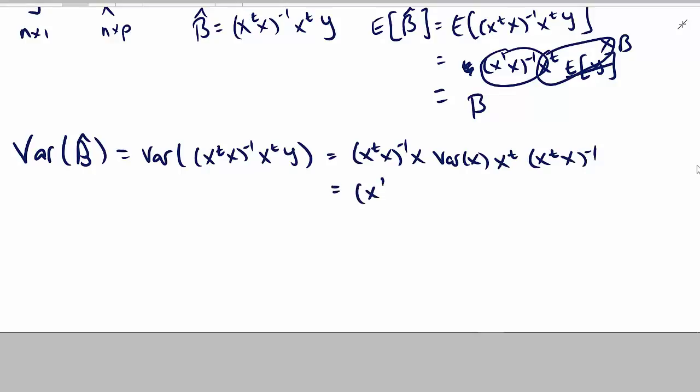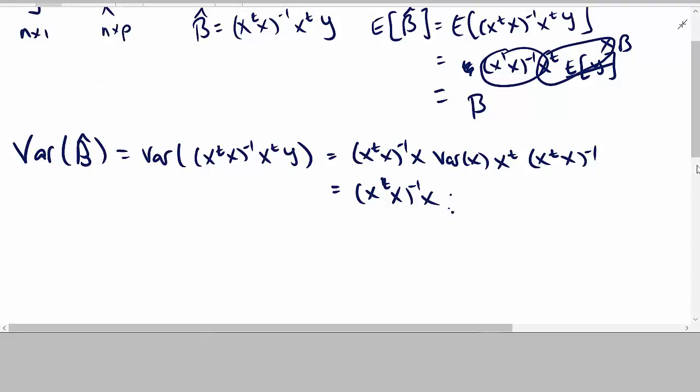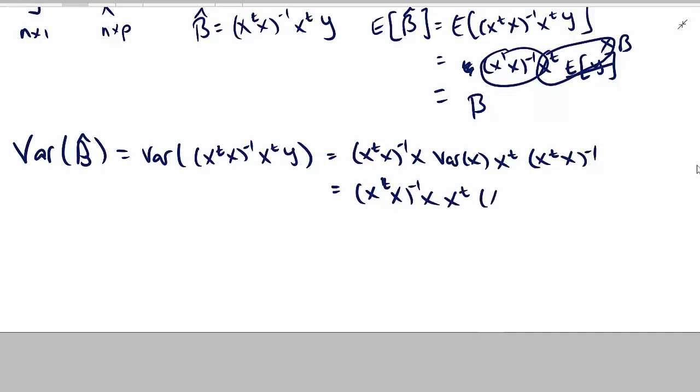The variance of y is sigma squared times I. I'm just going to pull that out because the I doesn't change anything, and the sigma squared is a scalar. So we have x transpose x inverse, x transpose x, and x transpose x inverse, which works out to be x transpose x inverse sigma squared.